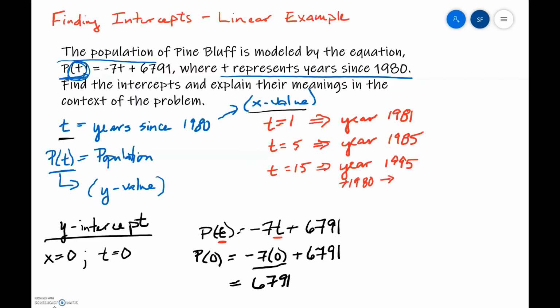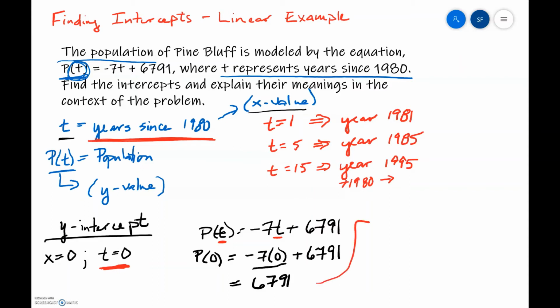Now we have this, and again, what does it mean? Knowing the numbers or solving out the calculation is not going to be enough. We set this up by setting t equal to 0. T represents the years since 1980. If no years have passed since 1980, then that is talking about the year 1980.